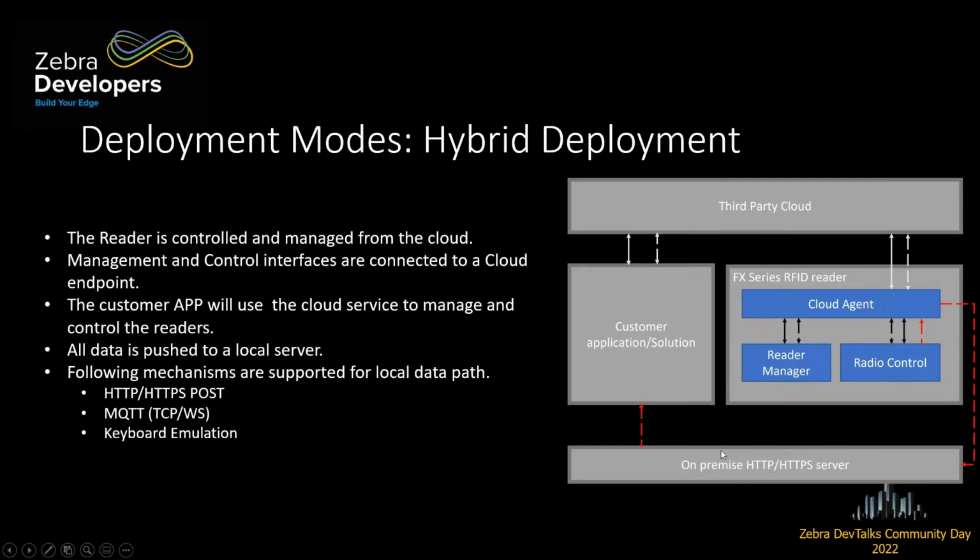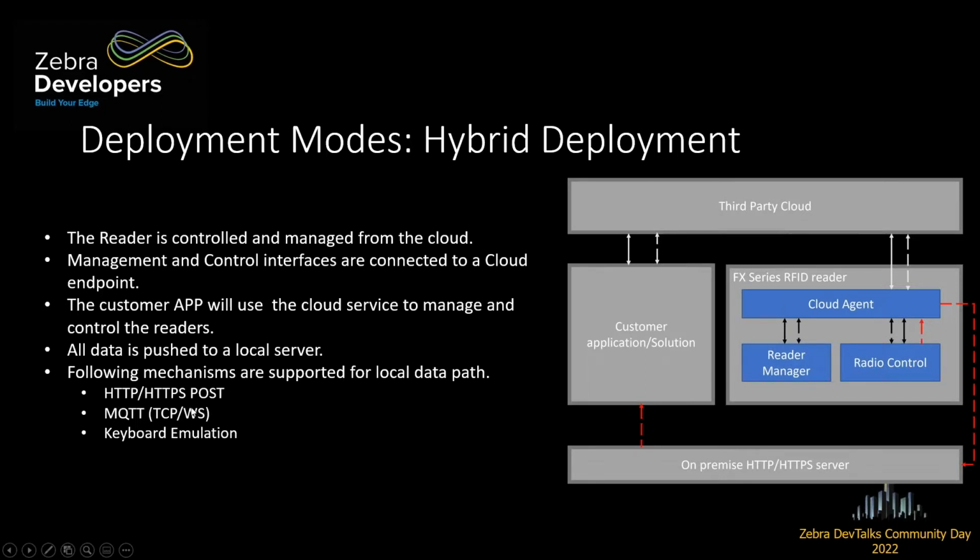And also in terms of the MQTT broker, if there is an on-prem MQTT broker to which the reader is configured to send data, there are two different protocols through which we can send data over to MQTT. There is a TCP protocol, which is the regular MQTT protocol, and there's MQTT over WebSockets. That's also supported in the IoT Connector.